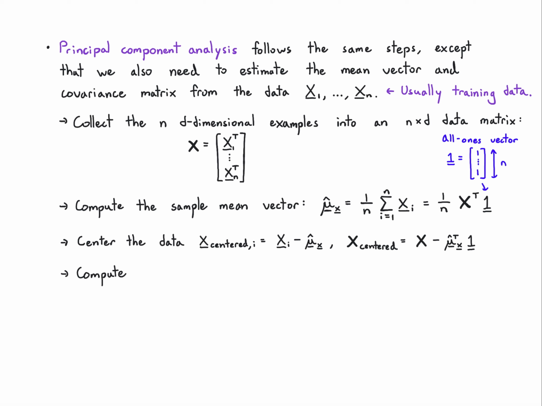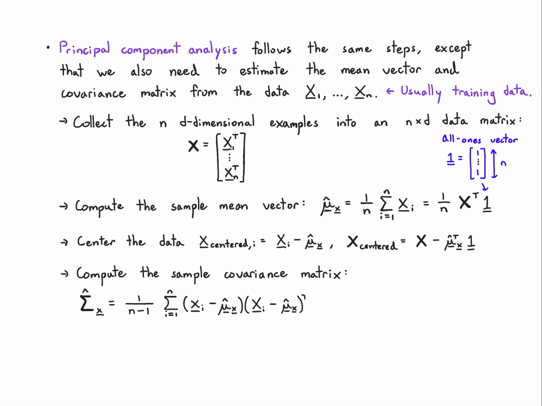Okay, and the next thing I need to do is compute the sample covariance matrix. The way that I do that is just like we've been doing for the sample variance. I just take the sum of x minus the sample mean times x minus the sample mean transpose, and I normalize by 1 over n minus 1. That's just to make sure this is an unbiased estimator.